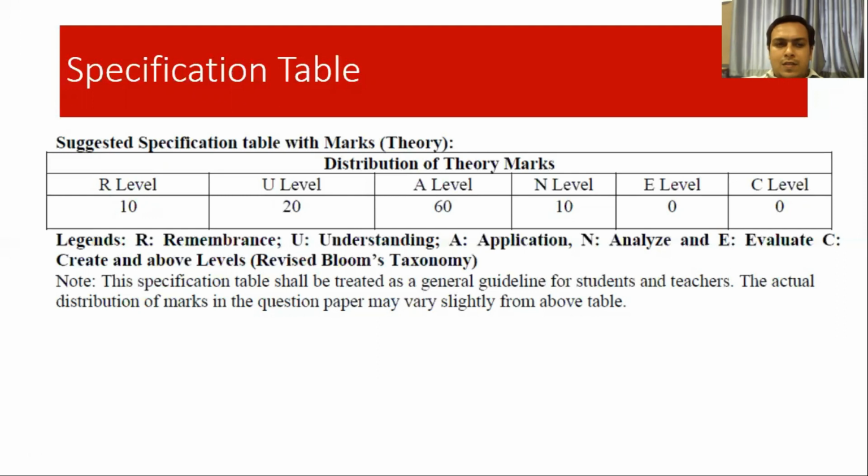There are 6 levels in Bloom's taxonomy: R means remembrance, U means understanding, A means application, N means analyze, E means evaluate, and C means create. Out of those 6 levels, GTU is evaluating up to the 4th level in the bachelor programs. Remembrance is 10, understanding is 20 percent, application is 60, and analysis is 10 percent.